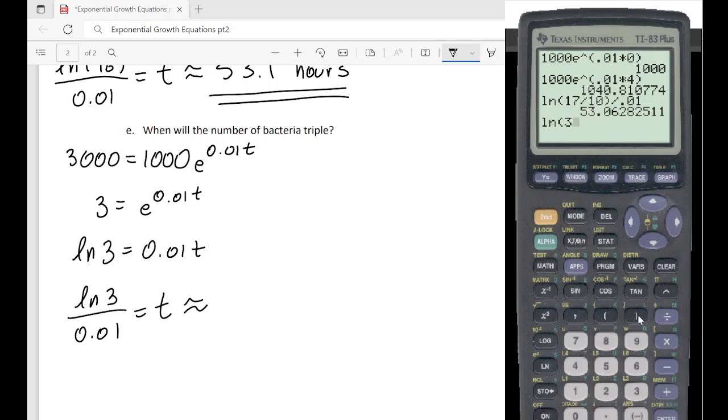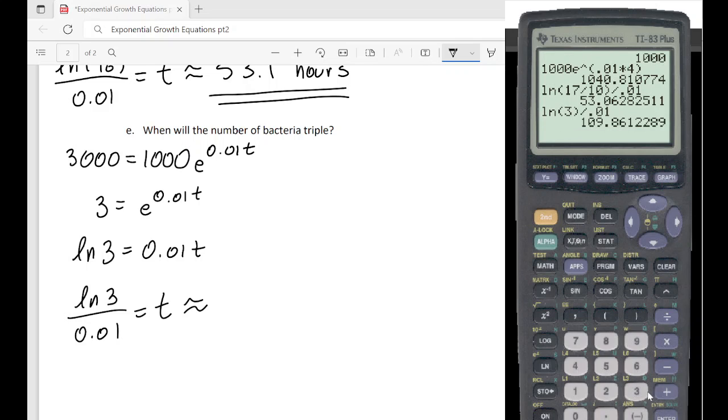So I get ln 3 divided by 0.01, and I'm going to get 109.9. And our units of measure for time are in hours. So 109.9 hours for our bacteria to triple in size.